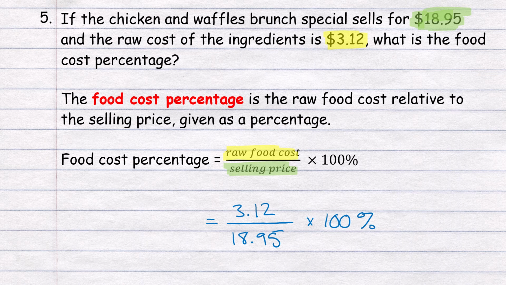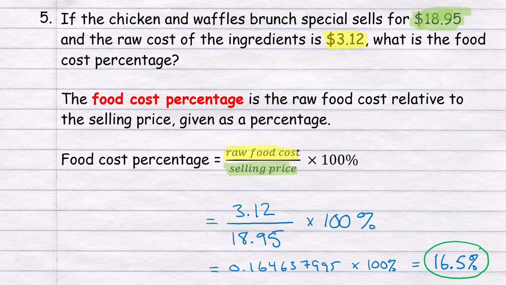Now, my calculator is giving me 0.164637995, and so on. We'll take that, multiply it by 100, and I'll round it to one decimal place, let's say. And that's a total of 16.5%.